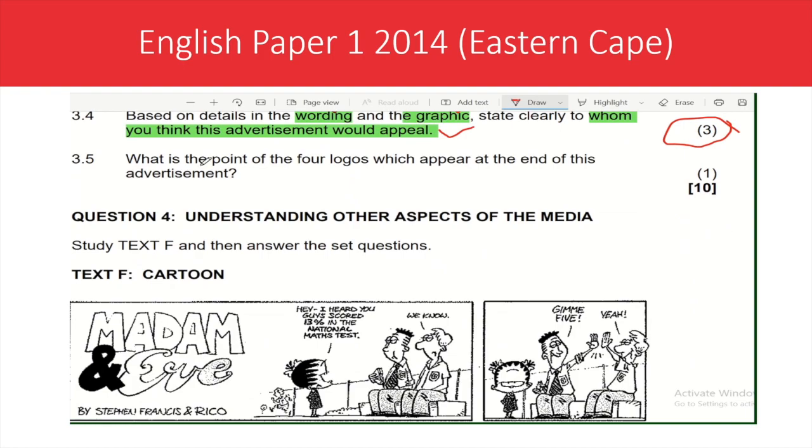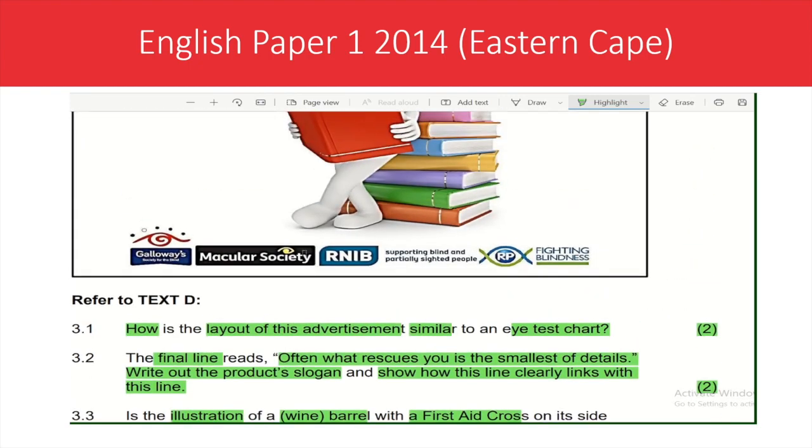And now let's look at 3.5. What is the point of the 4 logos which appear at the end of this advert? So we need to answer the question, what is the point? What do we need to focus on? The 4 logos, and we need to do this for 1 mark. So let's have a look at the logos once again.